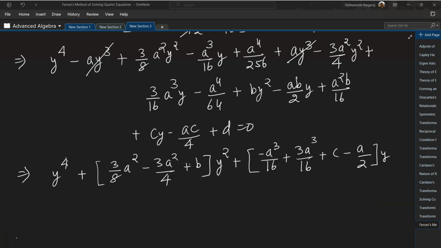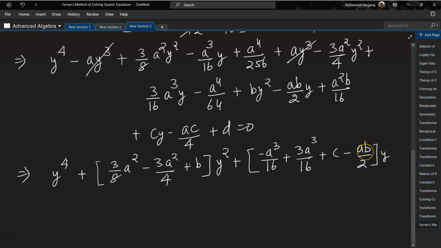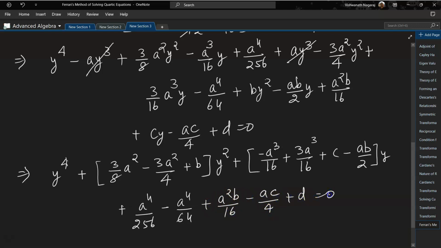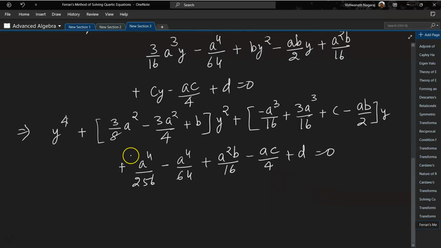Actually, this will be ab by 2. Okay, so that is this. Now the next will be without any y's. So plus a to the power of 4 by 256 minus a to the power of 4 by 64 plus a square b by 16 minus ac by 4 plus d equal to 0.